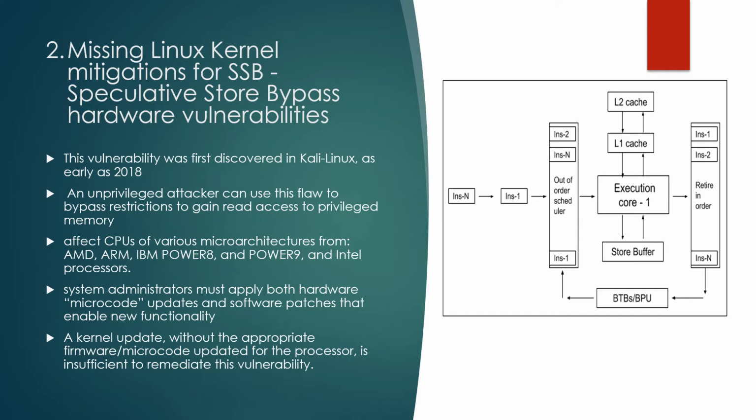If the kernel update is applied by itself without the appropriate firmware or microcoding of the microprocessor, unfortunately that is not sufficient, and the vulnerability can still be executed at some level.